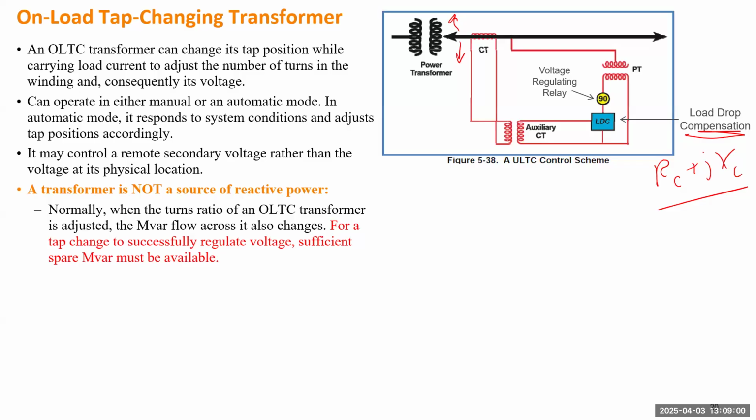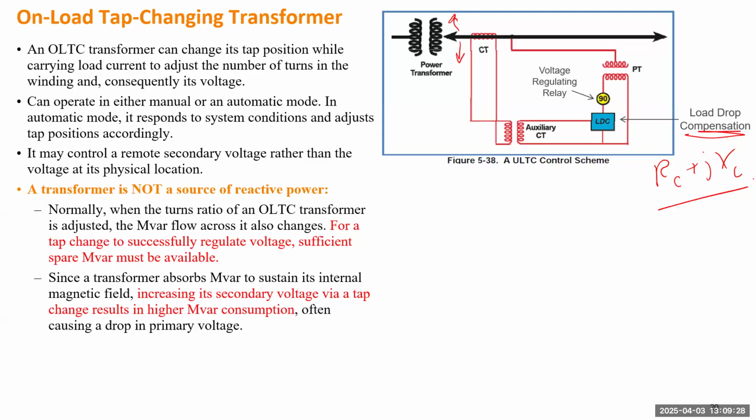So in order to make sure the tap changing is successful, which means you can regulate the voltage in the direction you desire, to either increase or decrease, you need to make sure you have sufficient reactive power available on the primary side. If the primary side also lacks reactive power, that will be an issue.